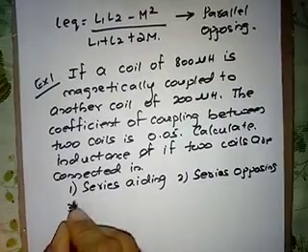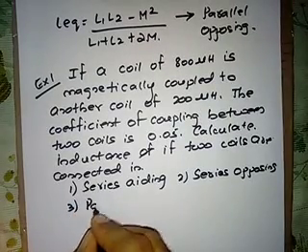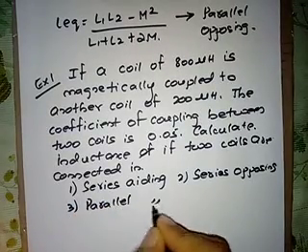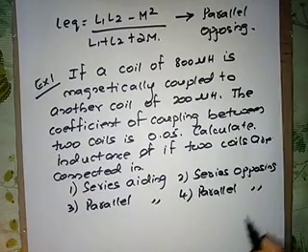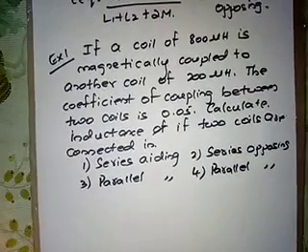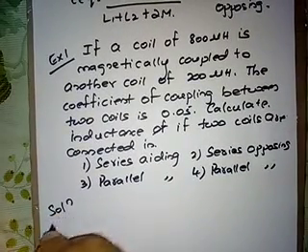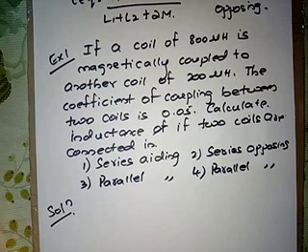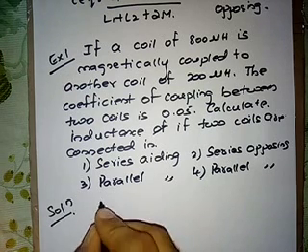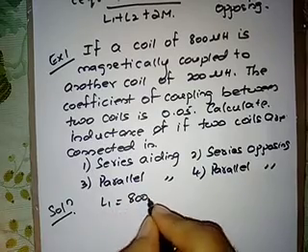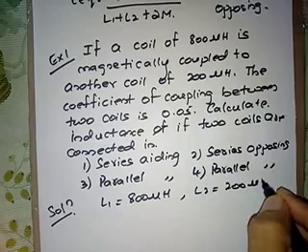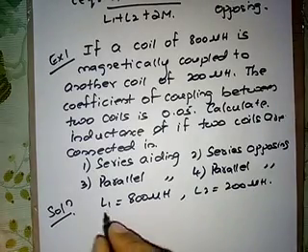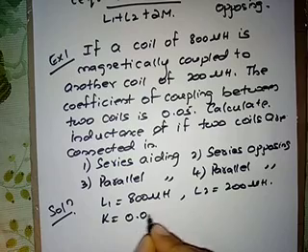Then third, parallel aiding, fourth, parallel opposing. Okay, so let's find out the solution for the problem. What they have given: L1 is 800 microhenry, L2 is 200 microhenry, right? Coefficient of coupling K is given as 0.05.